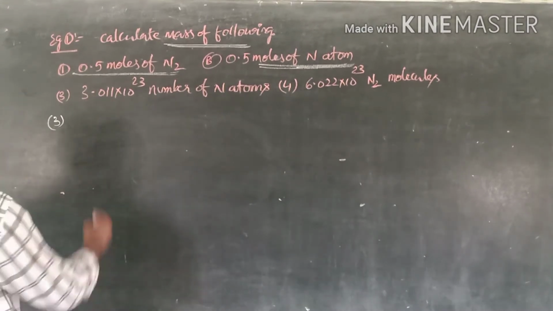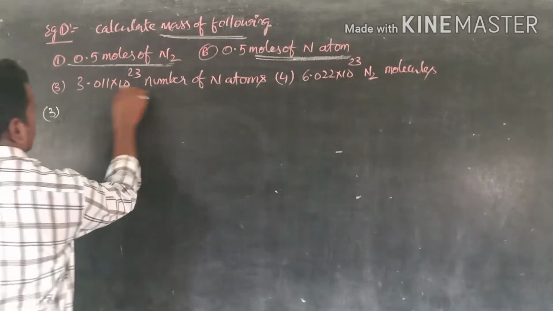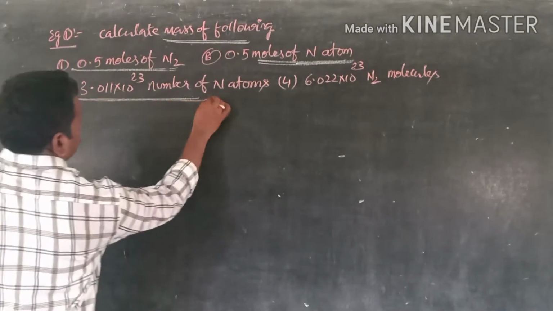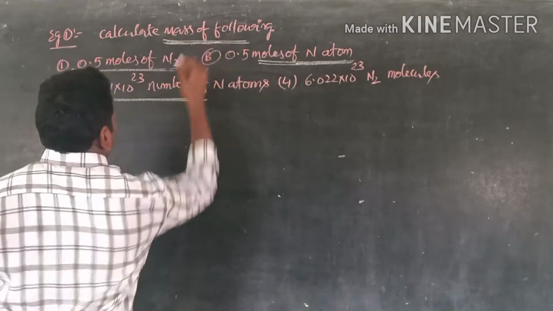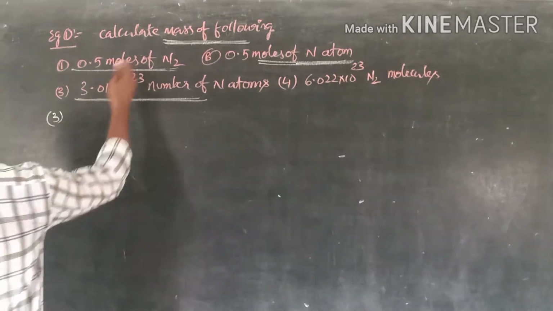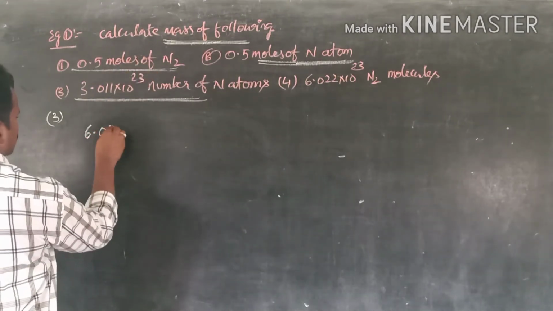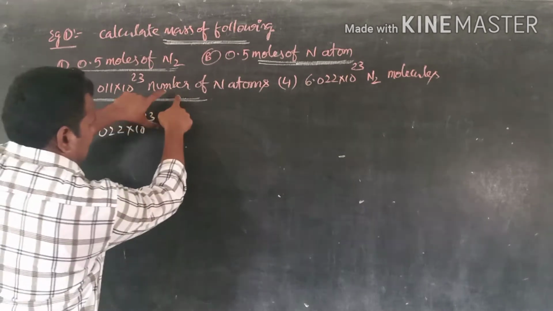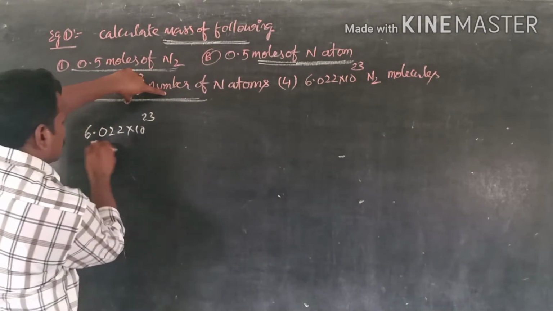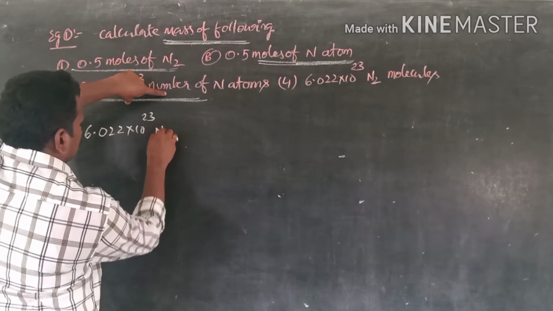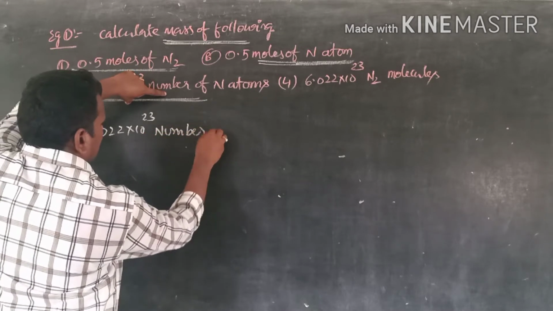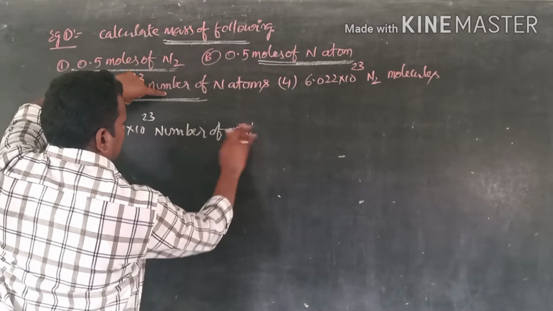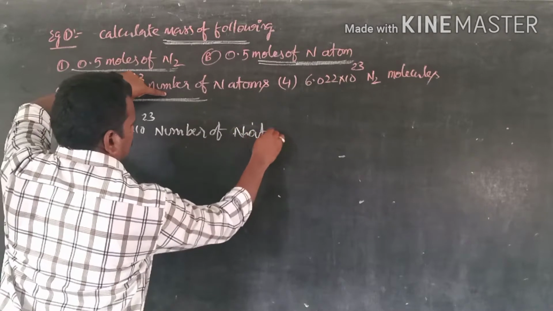Now let us discuss the third problem. Here they provided the number and they are asking the mass. What we know? They provided the number. We know 6.022 into 10 power 23, here the number of N atoms. So 6.022 into 10 power 23 number of N atoms, nitrogen atoms.